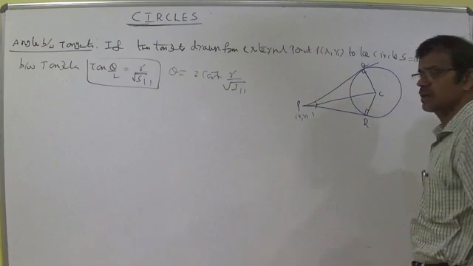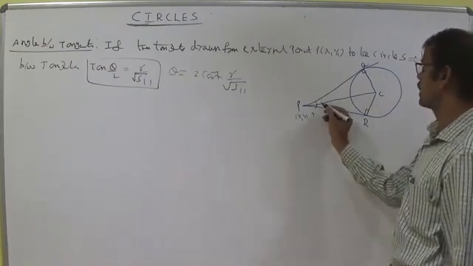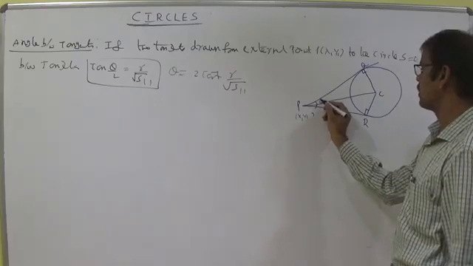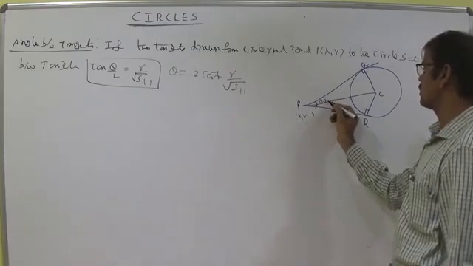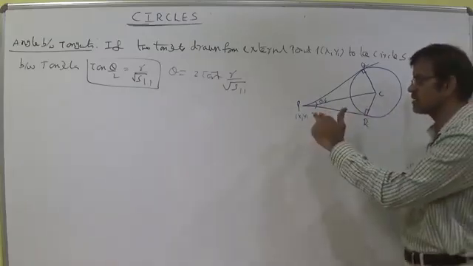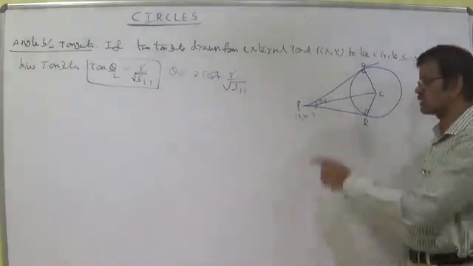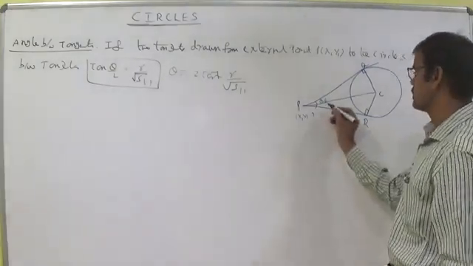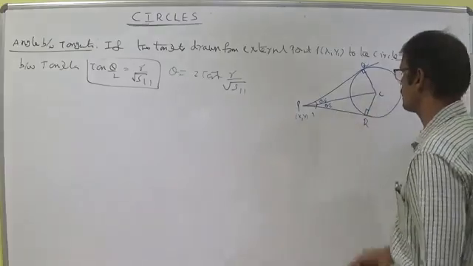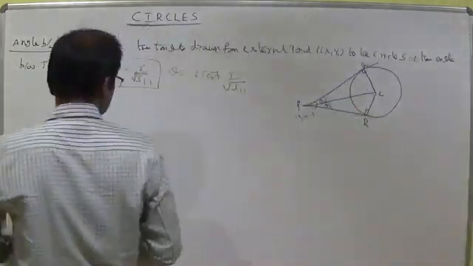PQ and PR are tangents, the full angle is theta, the full angle is QPR. If you draw a line from center C to P, the line cuts the angle in two parts. Of course, it is nothing but the angular bisector. So you can write here, this is theta by 2.